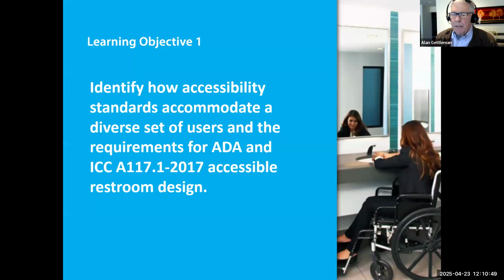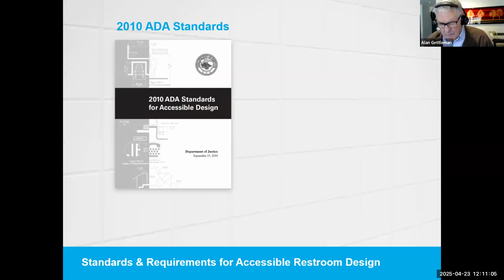And this is where we're going to emphasize how accessibility standards accommodate a diverse set of users. There'll be some general requirements of the ADA and the A117 that impact accessible restroom design in this section. The 2010 ADA standards apply to buildings nationwide. It is not a building code.